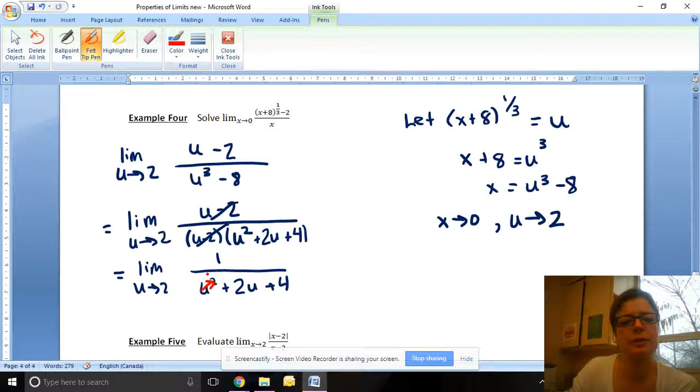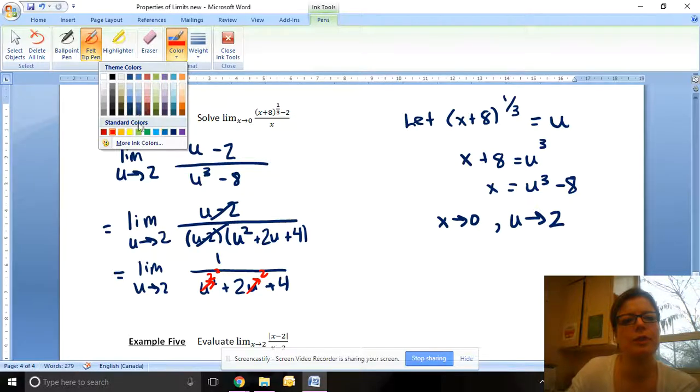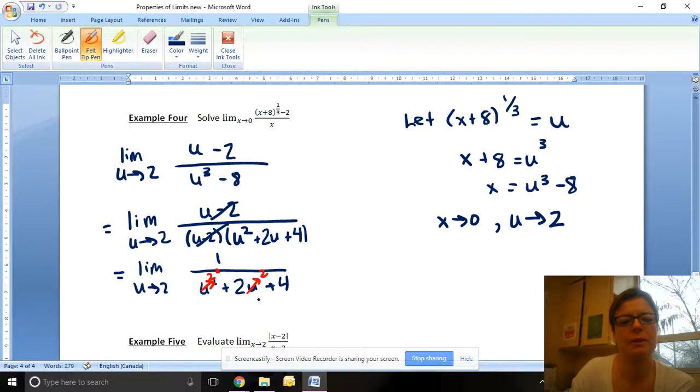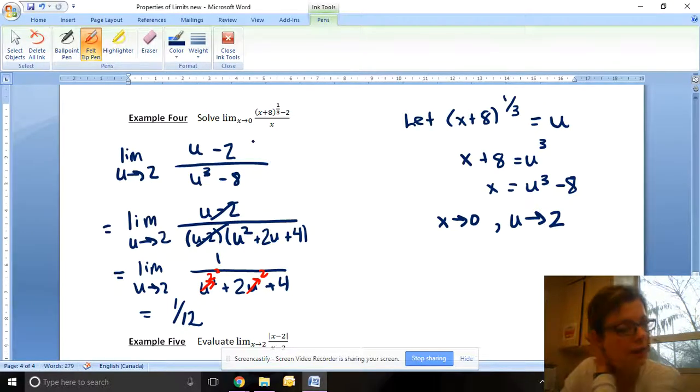So this goes to 2 squared, this goes to 2. So your solution then is 1 over 12, because you get 1 over 4 plus 4 plus 4, so 1 over 12. So this function, as x approaches 0 from either side, approaches a y value of 1 over 12.